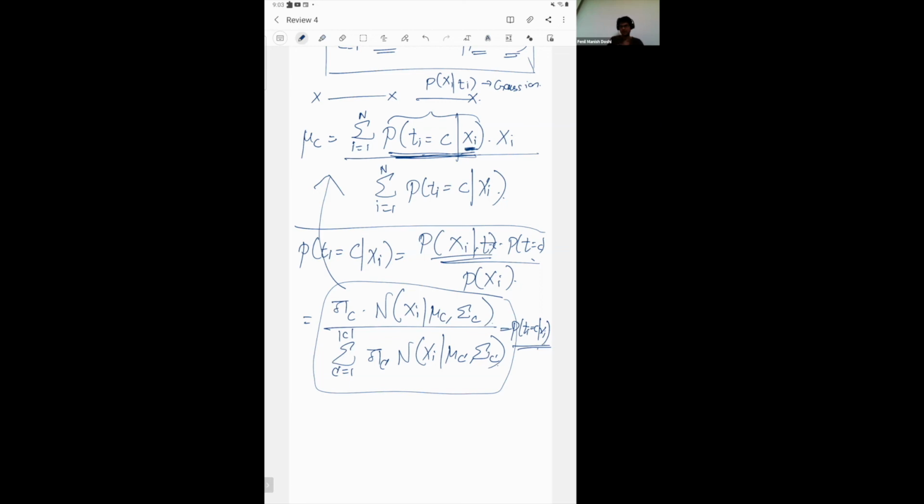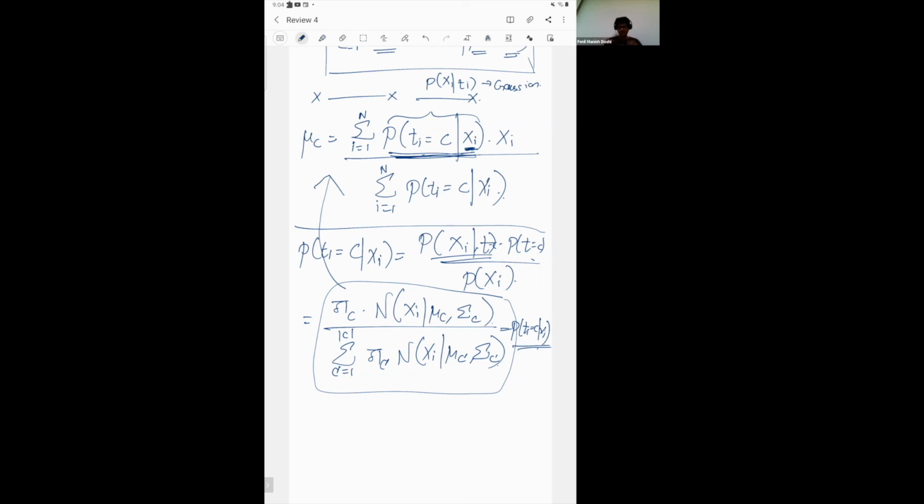I'll go to each of my data points and ask, how much do you think you belong to the Cth cluster? And that is nothing but, given the data point, the probability of the latent variable that generated it being C.